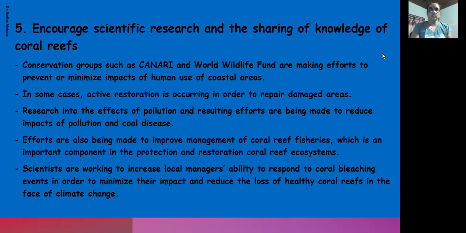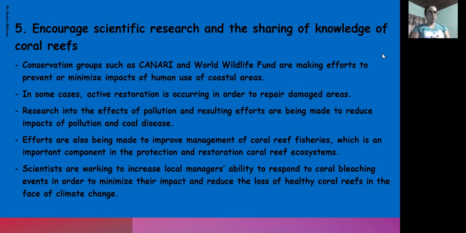We have marine biologists working on different aspects of species that can be found and so on. So if you have that kind of sharing of knowledge with Caribbean countries as well as within the Caribbean, then that can help us to protect our reefs. So conservation groups such as Canary and World Wildlife Fund are making efforts to prevent or minimize the impact of human use of coastal areas.